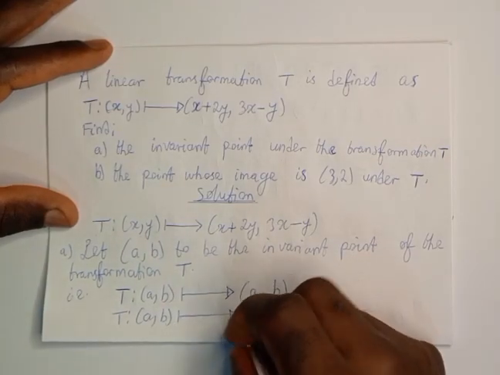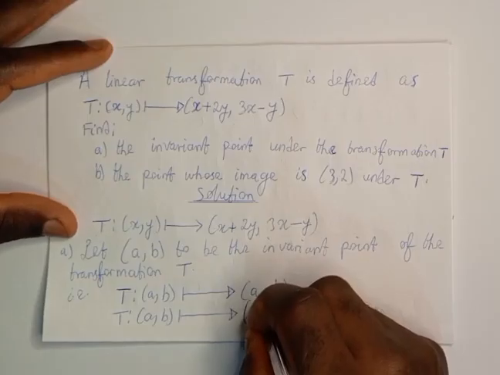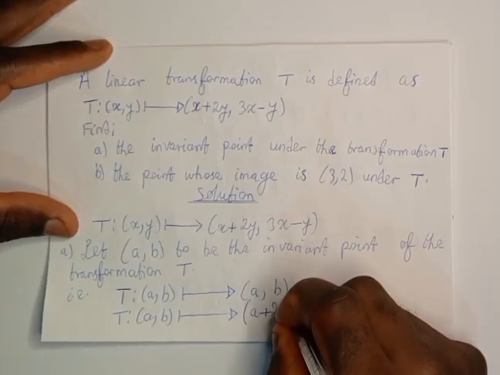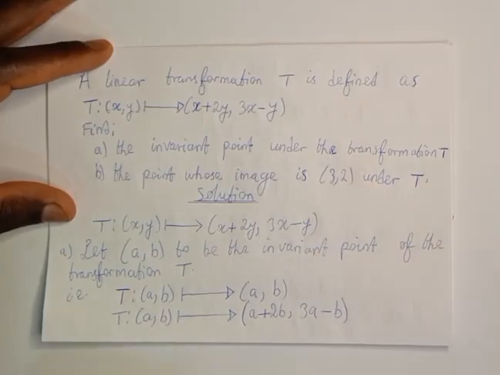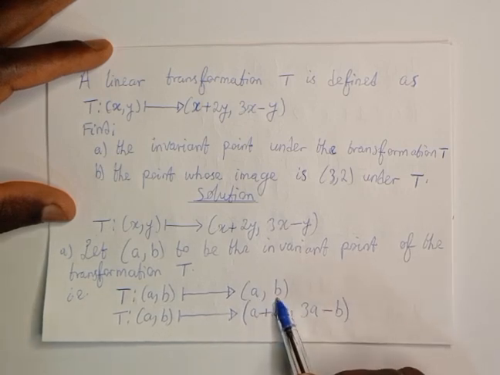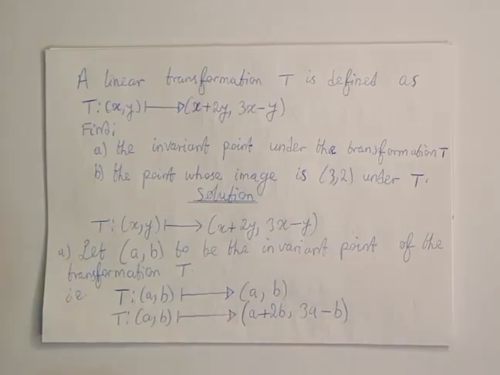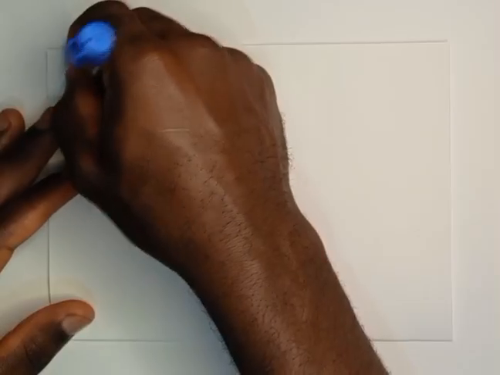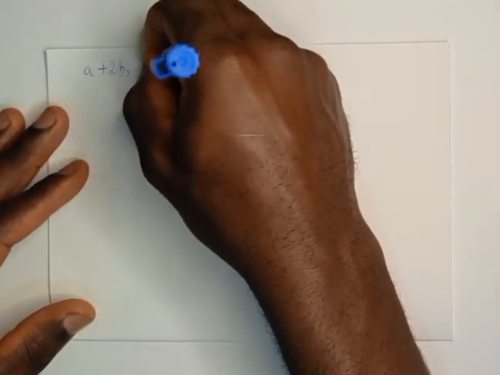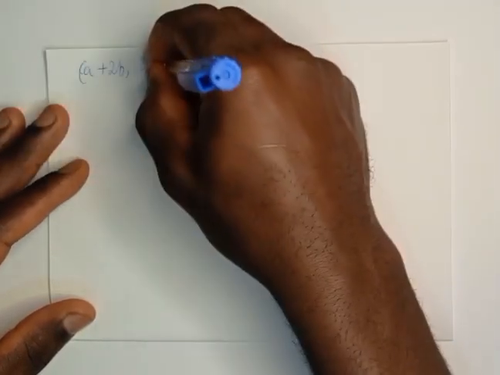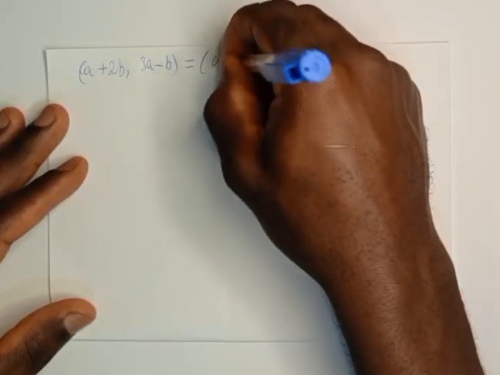This gives (a + 2b, 3a − b), which will be equal to (a, b), since it is mapped onto itself.